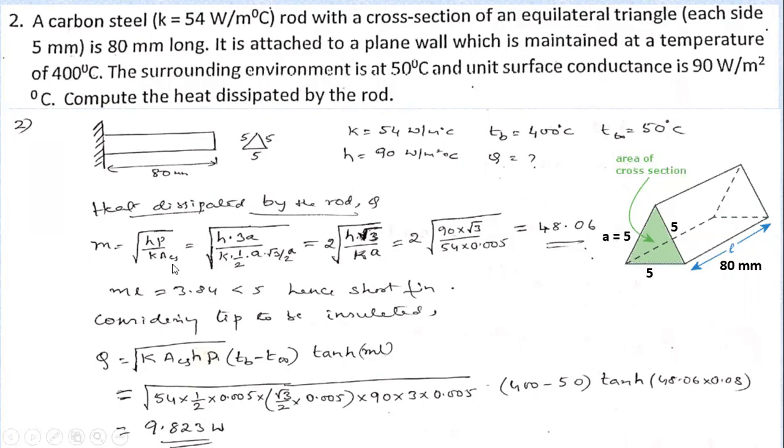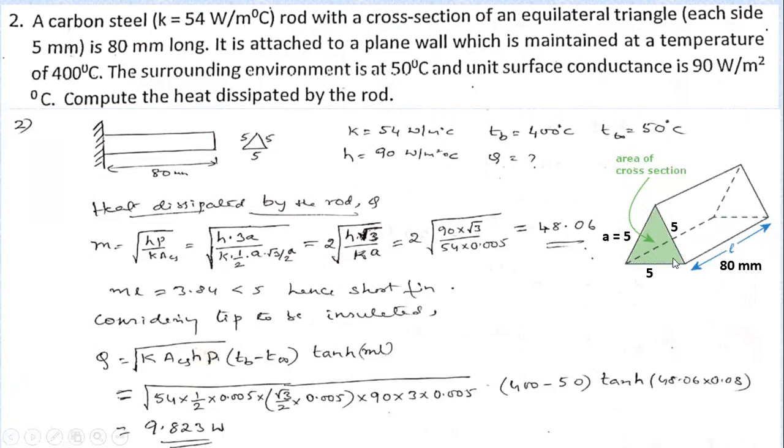What is the area of cross section? Cross-sectional area will be equal to half base into height for a triangle. So half base, base length is a, I am writing a 5. And for this perpendicular, we have to find out this height h. How do you find the value of h? By using a right angle triangle and using the Pythagoras theorem, you have to find this height h.